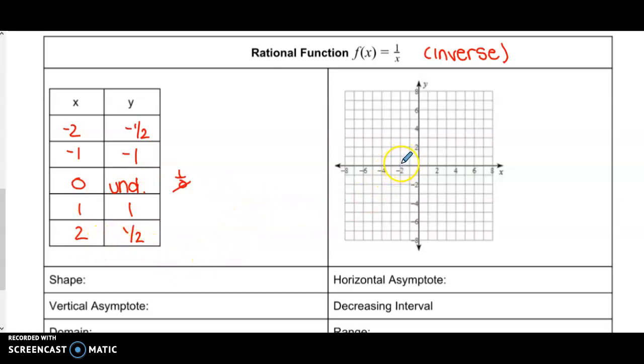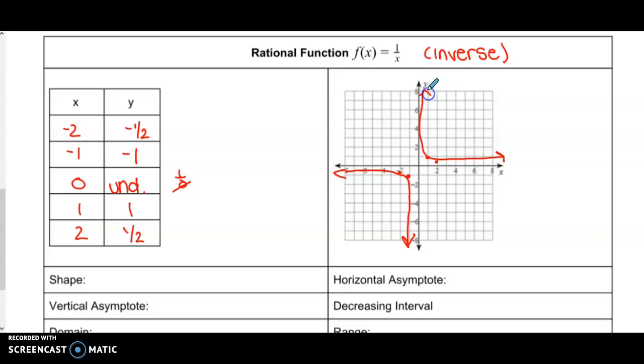All right, so when you plot these, it's going to be a little bit different than what we just had. This reciprocal or rational function actually has two pieces.